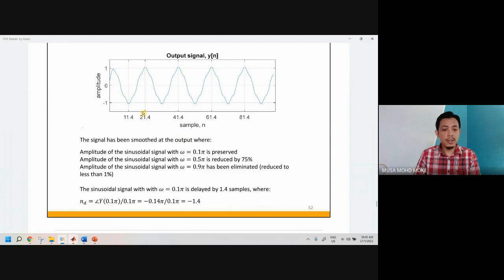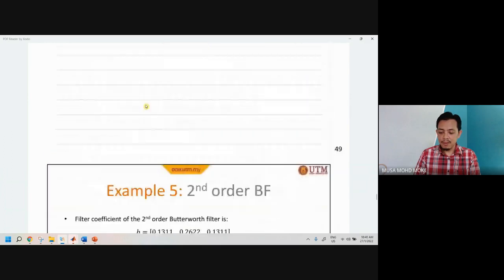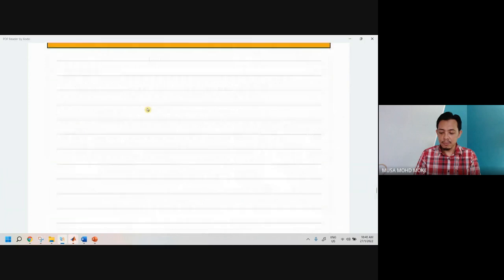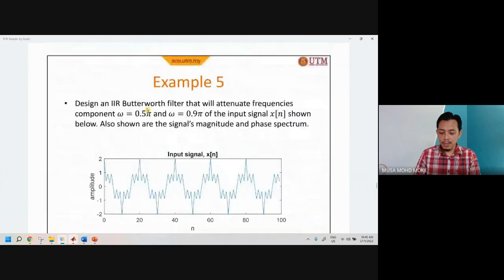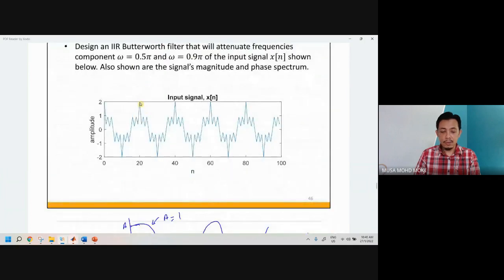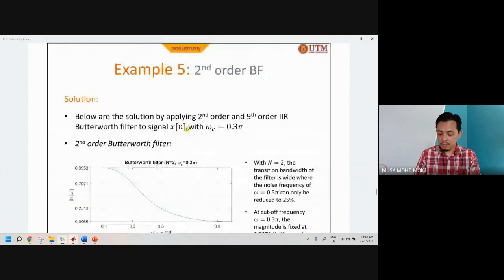Originally, it is at 20. If you look back at the original signal, where's the peak? So this peak is at 20. This peak is at 10. Now it's being delayed by 1.4 samples.